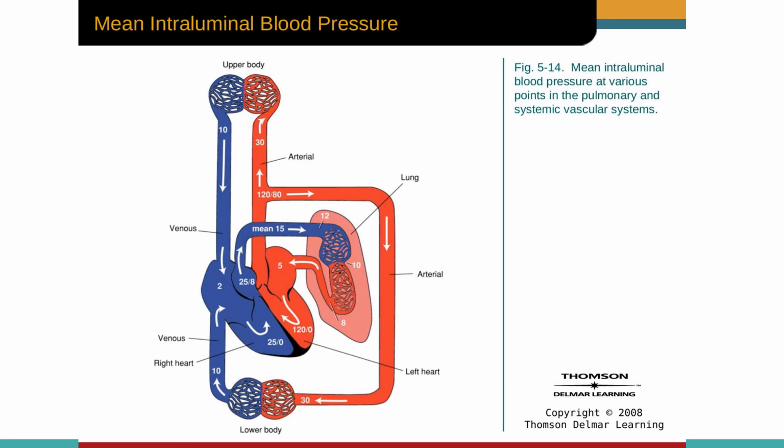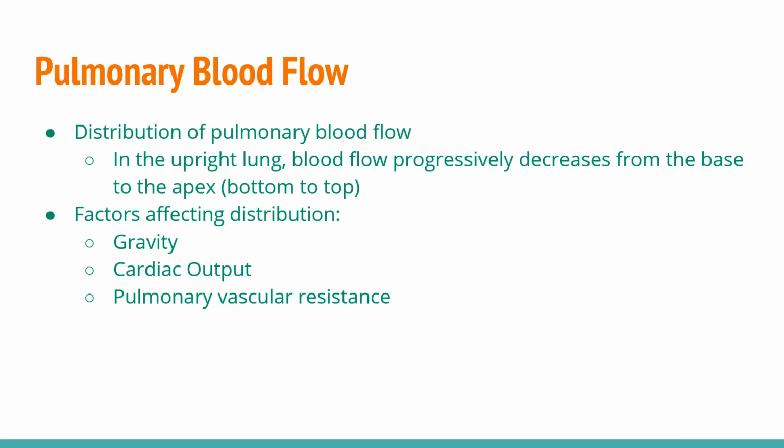So these are mean intraluminal blood pressures at different points in the pulmonary and the systemic vascular system. Like I said, you will be required to know these normal values when we get into CV diagnostics. But be aware: the left side of the heart has to work harder, and the right side is more of your pulmonary circulation, so the pressures are a little bit lower.